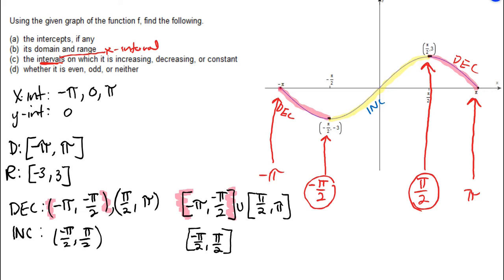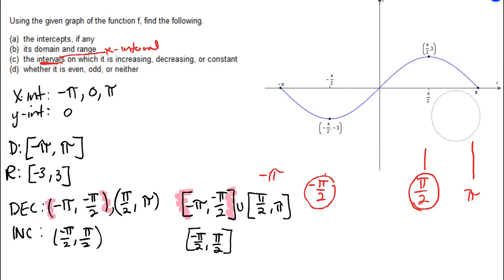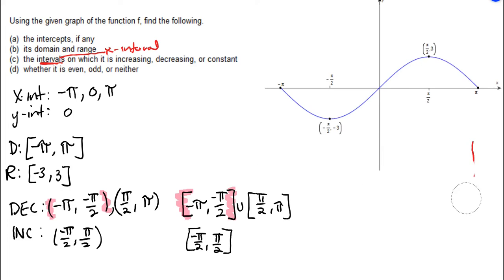Our final part, we want to determine whether this function is even, odd, or neither. Let me erase my markings and we can talk about what even, odd means. For a function to be even, it needs to have y-axis symmetry. So the y-axis is the vertical axis.